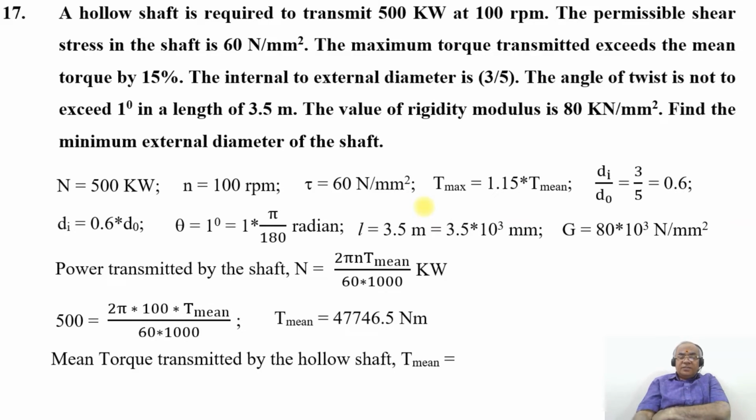So therefore, the mean torque transmitted by the hollow shaft, which is T mean, will be equal to 47746.5 Newton meter, which will be equal to 47746.5 into 10 to the power of 3 Newton meter. So 47.75 into 10 to the power of 3 Newton meter. If you want to convert that into mm, it will be 47.75 into 10 to the power of 6 Newton mm.